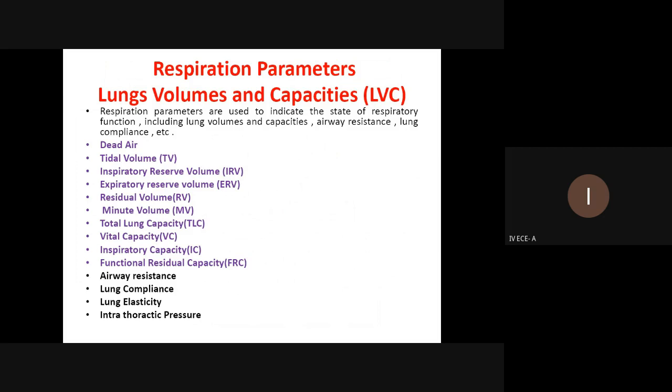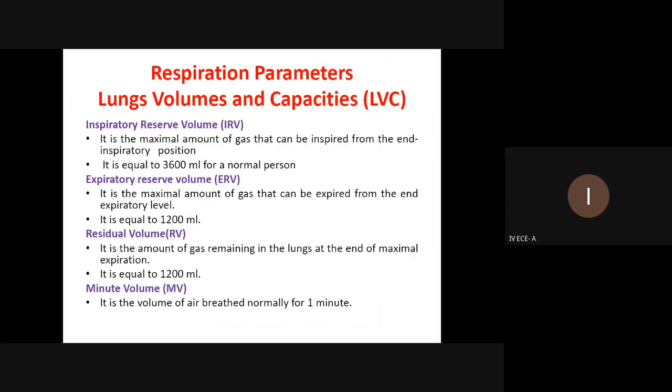Okay, so respiration parameters: tidal volume, inspiratory reserve volume, expiratory reserve volume, residual volume, minute volume, total lung capacity, vital capacity, inspiratory capacity, functional residual capacity. Those are the main parameters used in respiratory measurements. Inspiratory reserve volume is equal to 3600 ml.